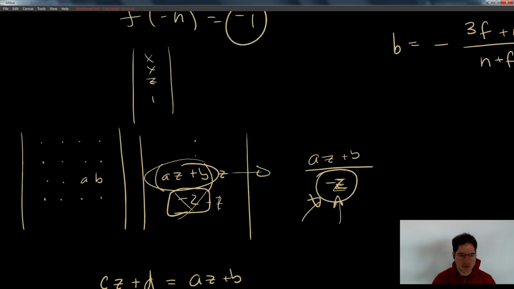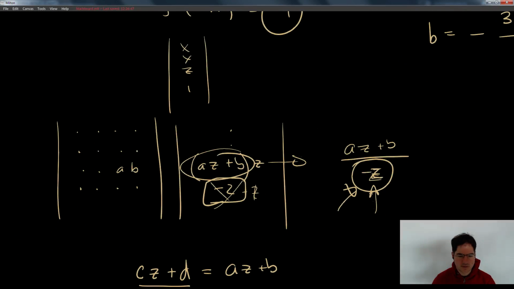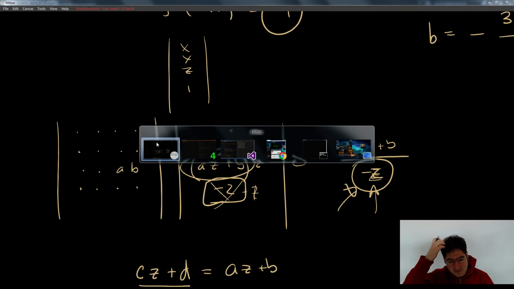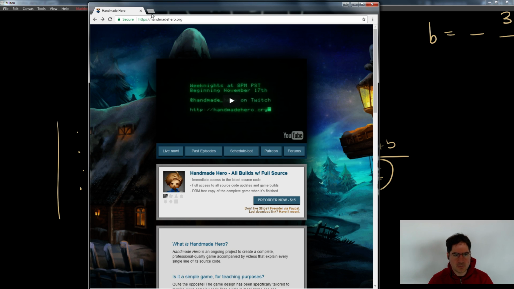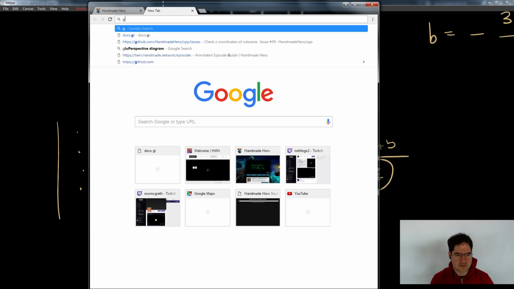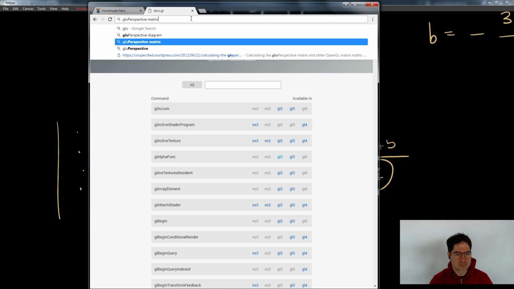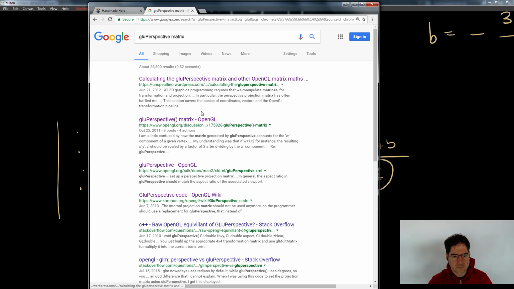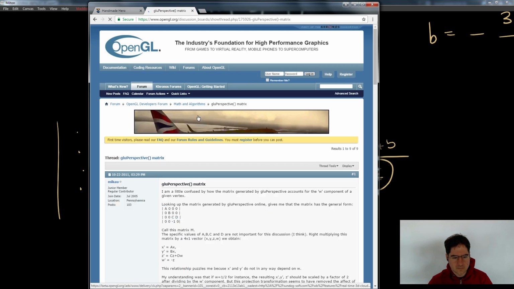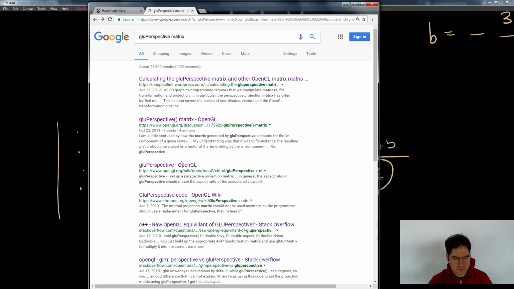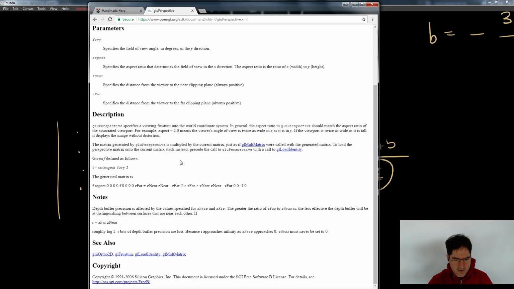However, I'm pretty sure, let me double check. So let's just see, because again, this all depends on what OpenGL wants. Since it's not our code anymore, we just have to guess.